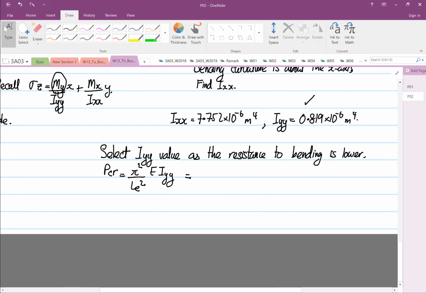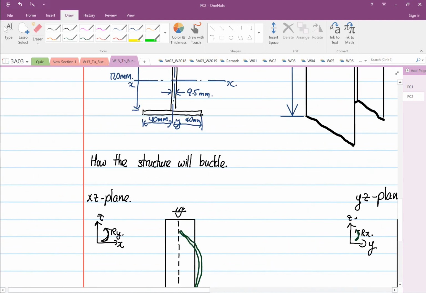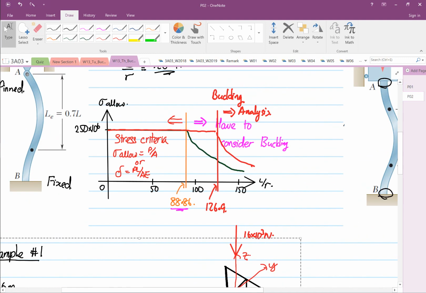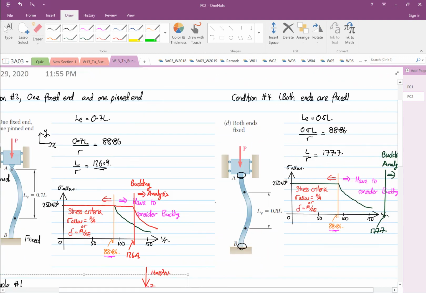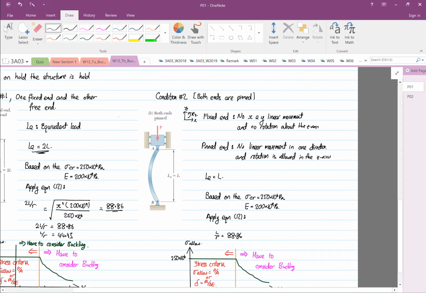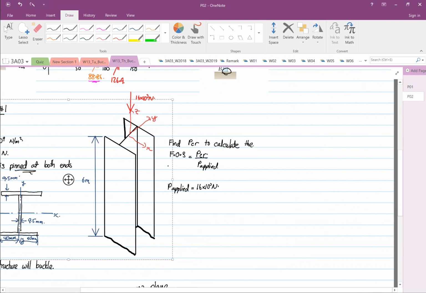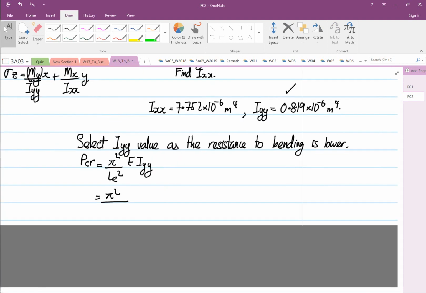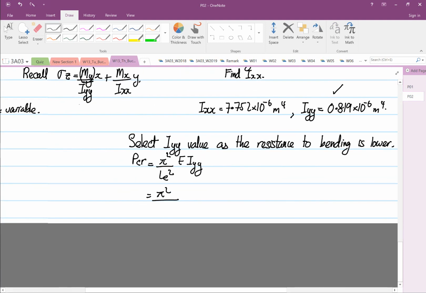So the critical load is pi squared divided by the effective length. Now both ends are pinned, so you look at your conditions, such as one end pinned, both ends fixed, and then we come back here. Both ends are pinned, so LE is equal to L. L is equal to 6 meters, squared.